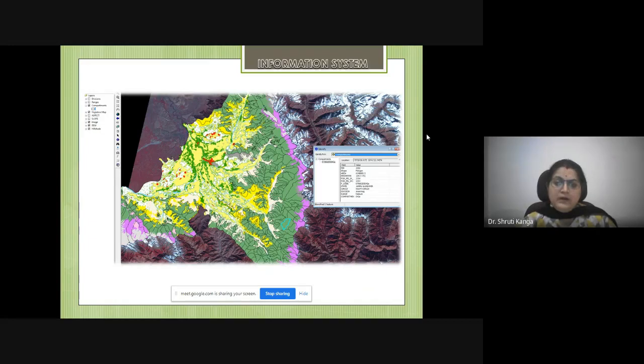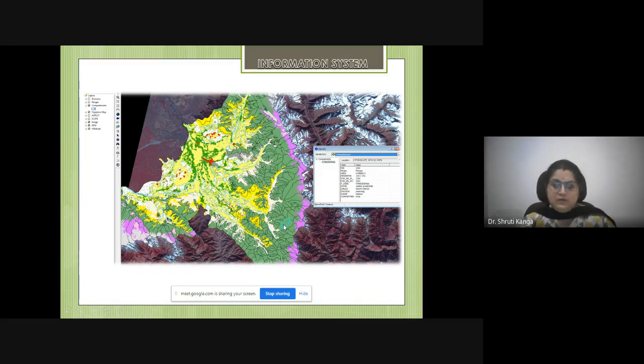For example, I want this range which is shown in cyan color. So I have selected this range. I have clicked on this polygon, and then I will have the complete information like this. You can see its shape is a polygon. This is the complete spatial information of this particular compartment.